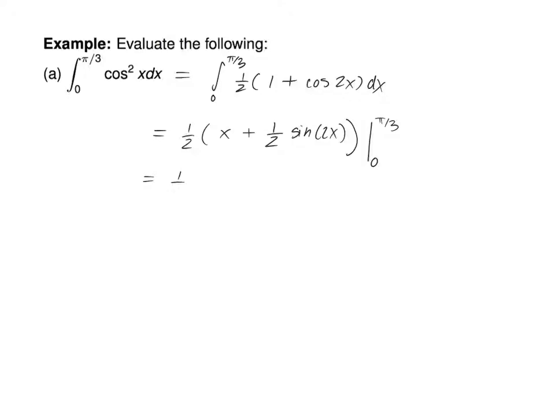So that's going to be 1/2 times pi thirds plus 1/2 sine of 2 pi thirds, minus 1/2 times 0 plus 1/2 sine of 0. The pi thirds goes in for both x's, right?